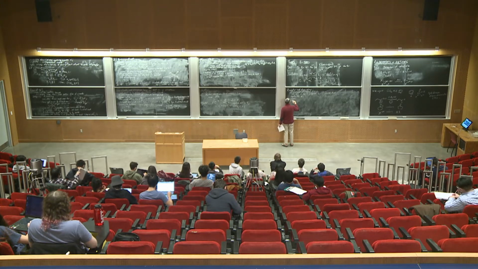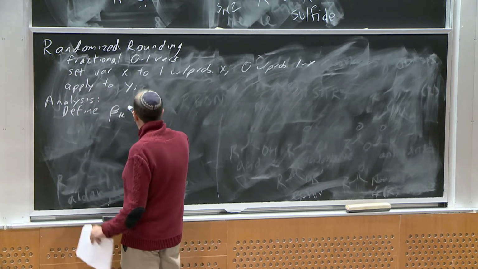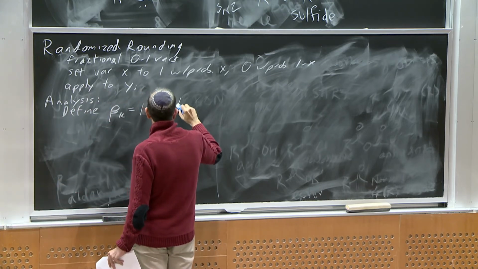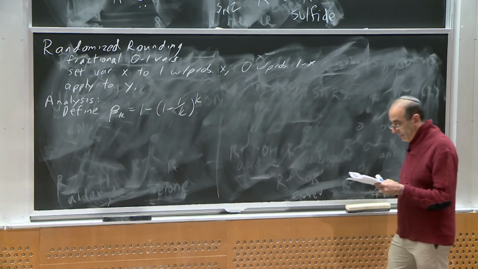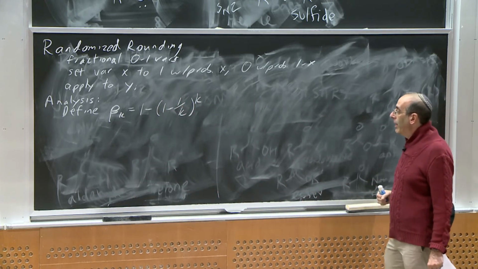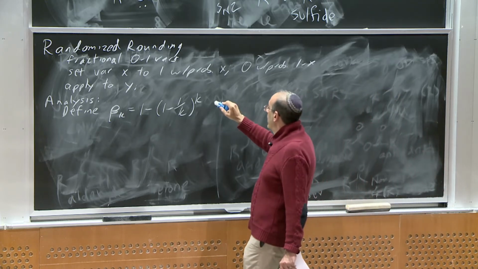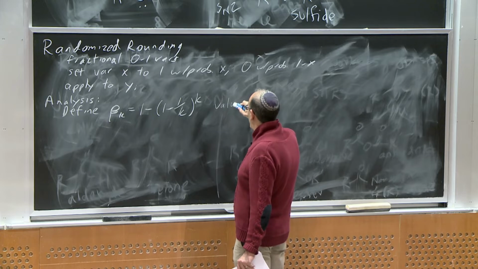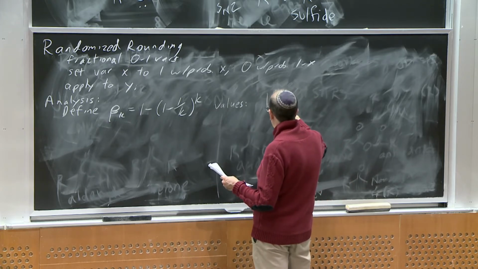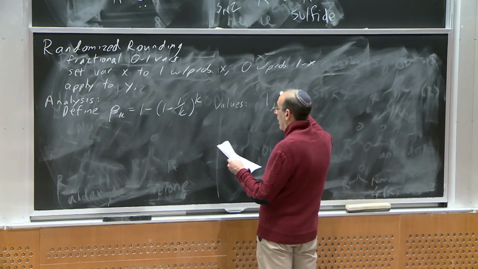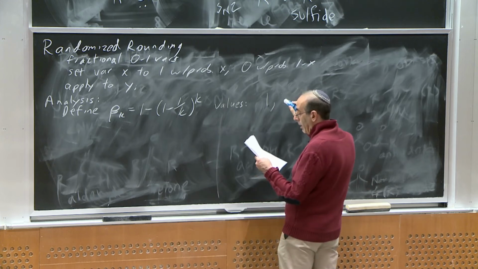I'm going to define beta k to be equal to 1 minus (1 minus 1 over k) to the kth power. Why am I defining that? Because I'm going to need it later. The values of beta k form a decreasing series. Beta 1 starts at 1.